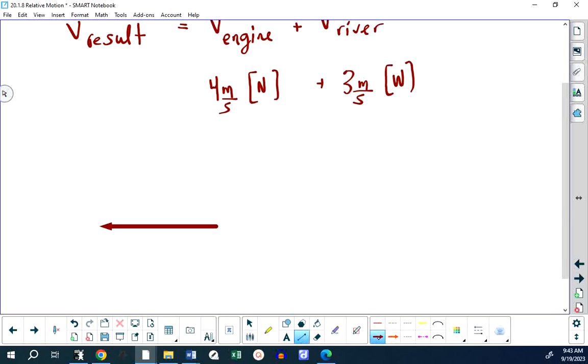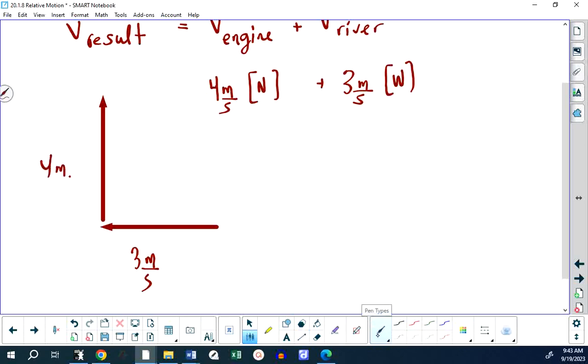So west at 3 meters per second, north at 4 meters per second. The resulting velocity will be this hypotenuse for the magnitude, and this angle for degrees north of west.